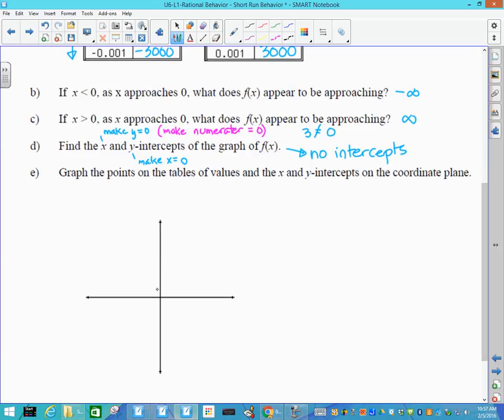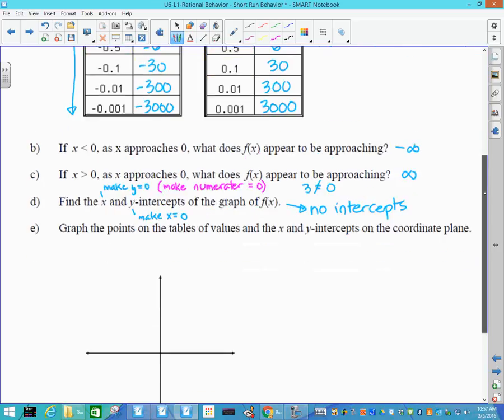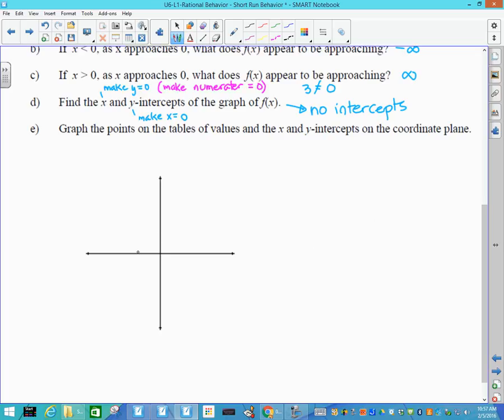If you look at just these first points, like negative 0.5, negative 6, and 0.5, positive 6, if you graph those, we'll do this: 1, 2, 3, 4, 5, 6, and then at 1, 1, 2, 3, 4, 5, 6. For sketching, I really don't care if you put those points in there, but I want people to understand better. So this is negative 1, this is positive 1. At negative 0.5, I was at negative 6, and at 0.5, I was at positive 6.